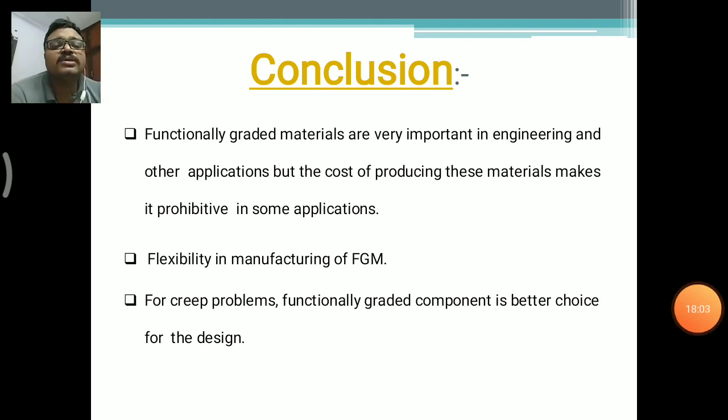And the last one is that for creep problems, functionally graded components are a better choice for the design. For creep and fatigue problems, that is breakage or some other disastrous failure in the materials, functionally graded components are a better choice compared to composite materials and alloys.